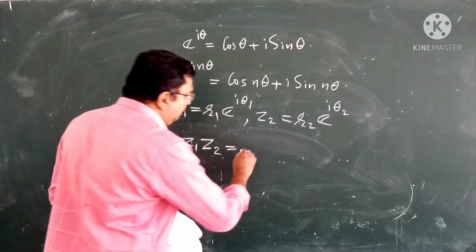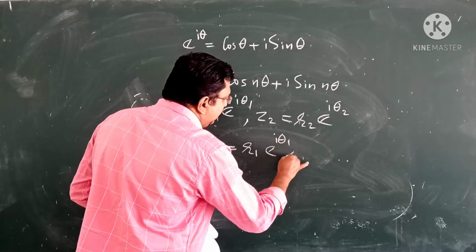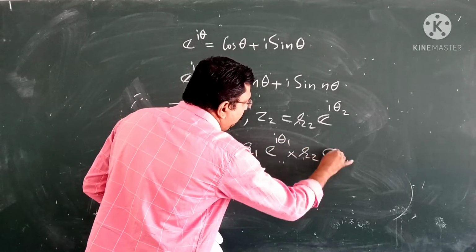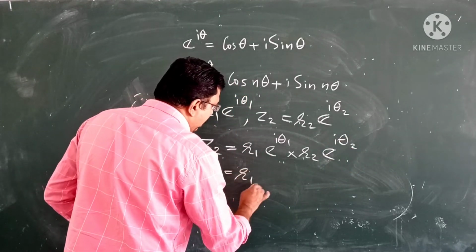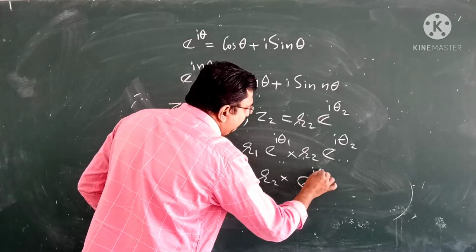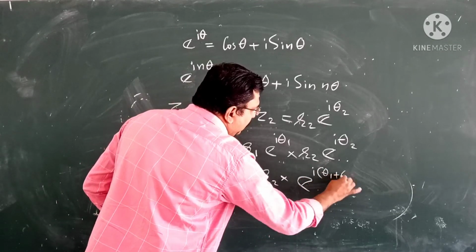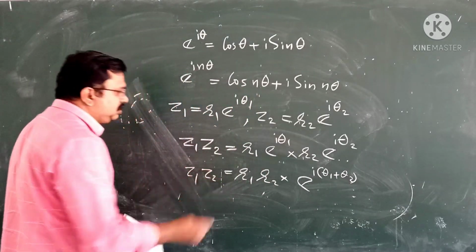It is equal to r1 e raised to I theta 1 into r2 e raised to I theta 2, that is equal to r1 into r2 into e raised to I (theta 1 plus theta 2). Okay, that is our z1 into z2.